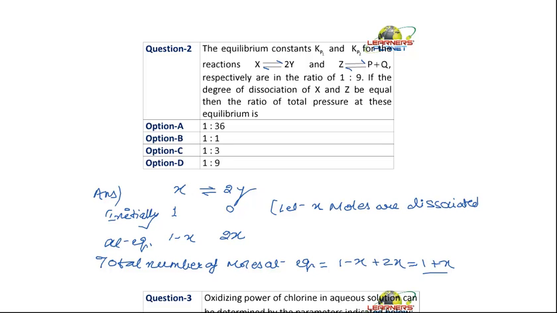Now, let's write the equation for Kp. This is X in equilibrium with 2Y, so we had 1 minus x at equilibrium and 2x.